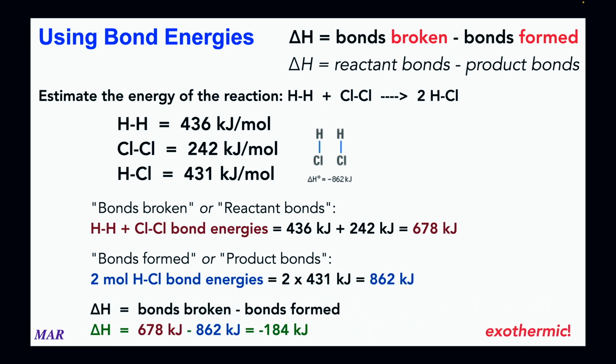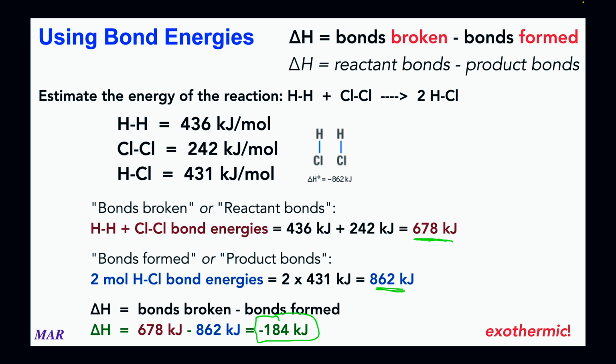I have two HCl's, and each HCl is 431. So it's like the 678 bonds broken minus 862, the bonds formed. You're going to get an overall minus 184 kilojoule value. This is an exothermic reaction. All right, you're going to get energy out upon making hydrogen chloride.